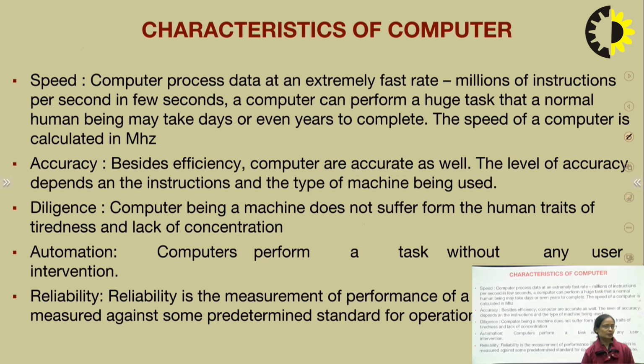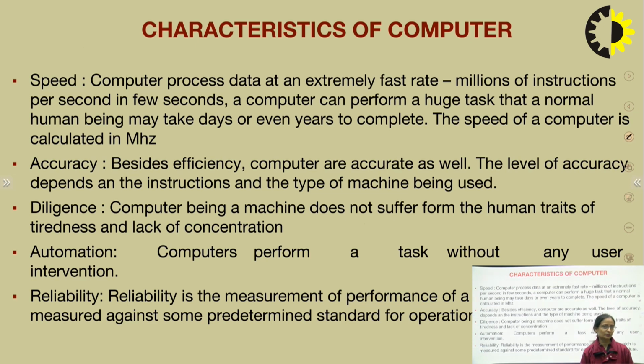It is diligence. Diligence means that the computer, being a machine, doesn't suffer the traits of laziness, tiredness and lack of concentration. If we ask a human to work for continuous 24 hours, then for a human being it is an impossible task, because he gets tired easily and needs to take rest.